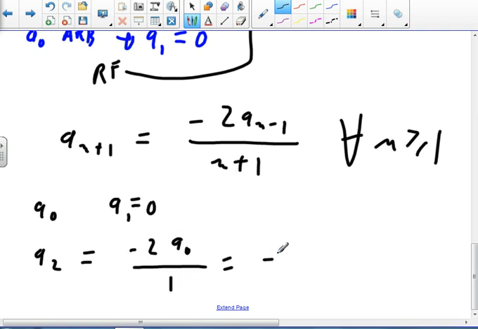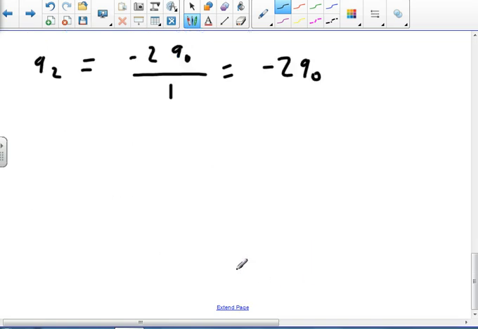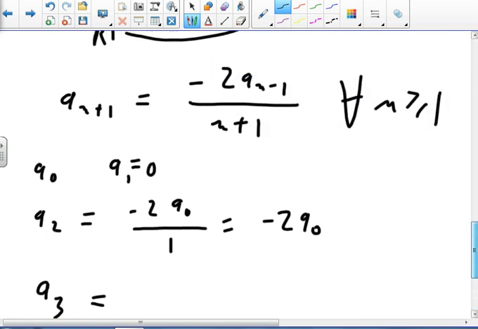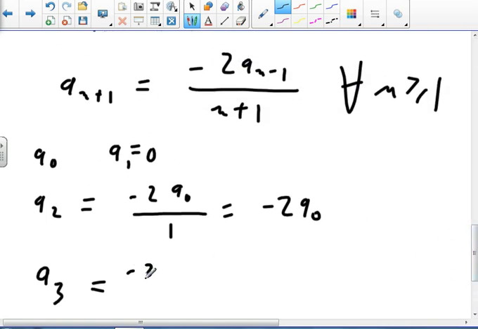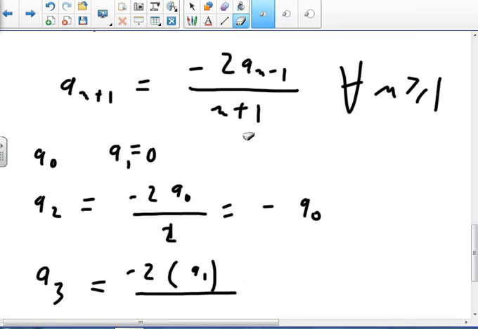So a2 is going to be minus 2 a0. Hm, wait. Let's come back to this one. n is 1, divided by n plus 1, which is 2. So that's just minus a0. a3 is going to be minus 2, n is now 2, a1 divided by 3.